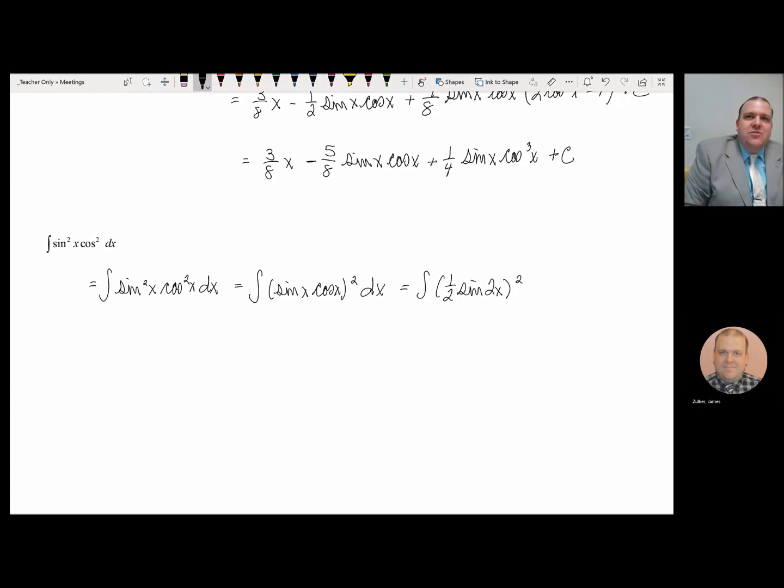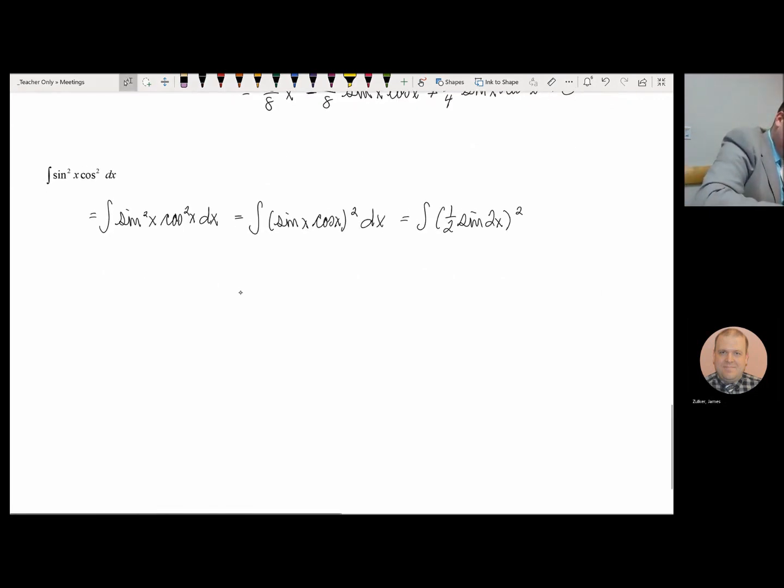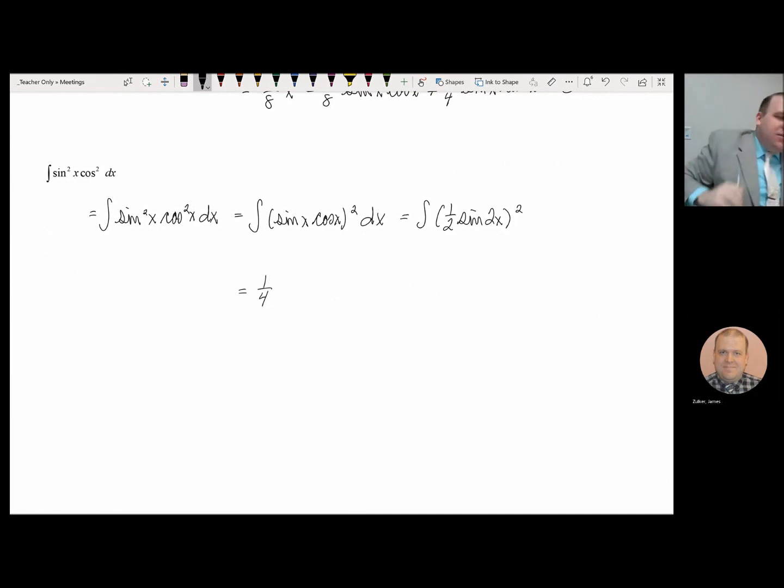So sine 2x, double angle, 2 times sine times cosine. So sine times cosine is 1/2 sine 2x, right? Just divide both sides by 2. But now that gives us a sine squared, just sine squared, which would allow us to use the reduction identity. Right, sine squared, 1 minus cosine of 2x all over 2.